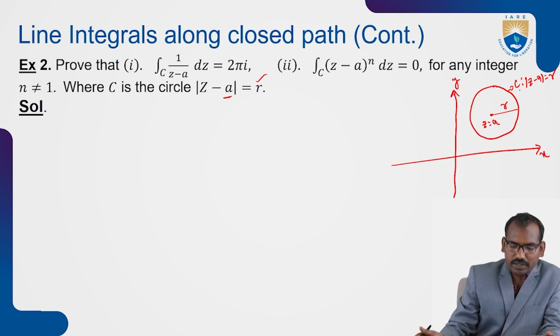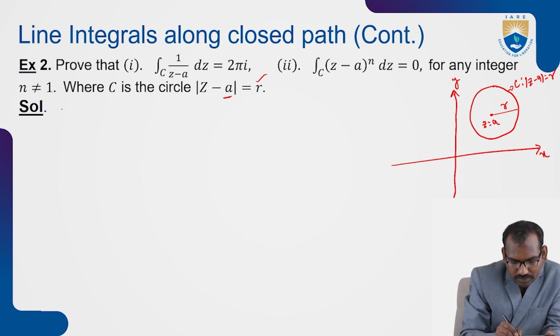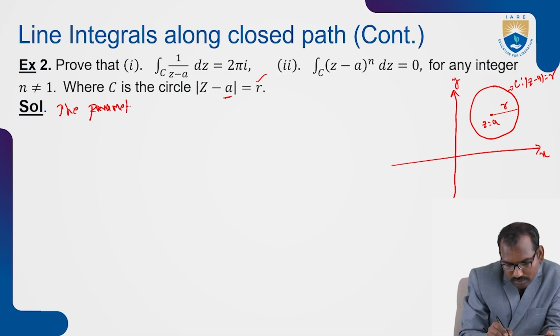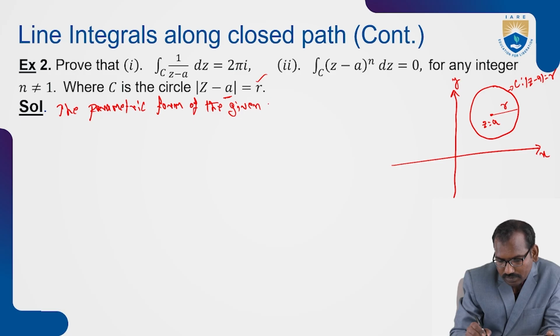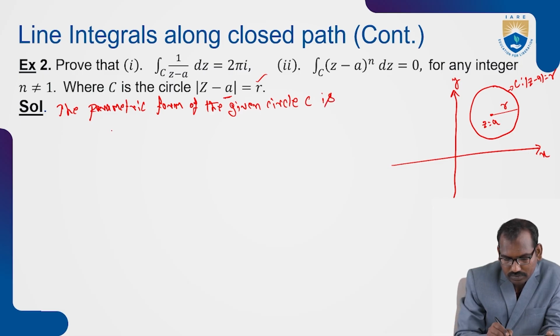Now we will write the parametric form of the given circle C. z minus A is equal to R e power i theta.